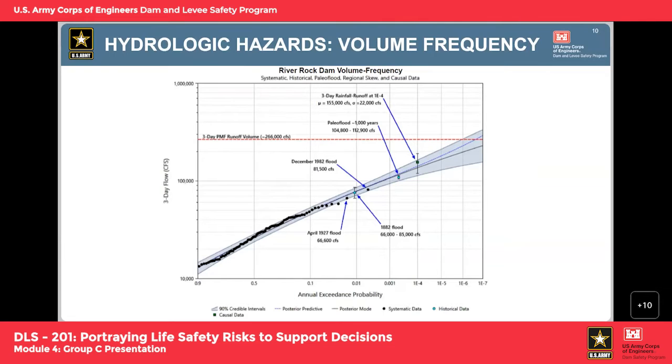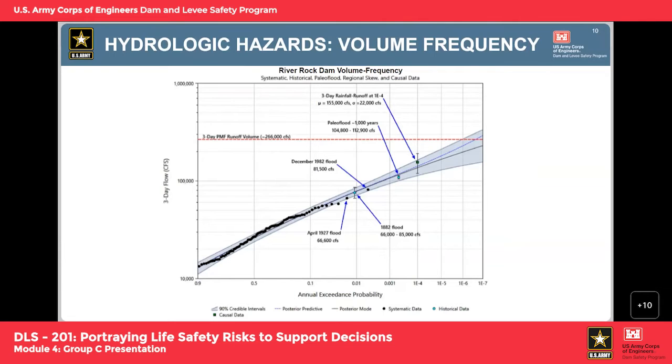The results from that study showed evidence of a large prehistoric flood between 1,000 and 5,000 years ago, with a best estimate 3-day inflow of 108,500 CFS and an approximate age of 3,200 years. Furthermore, a non-exceedance bound was also discovered.